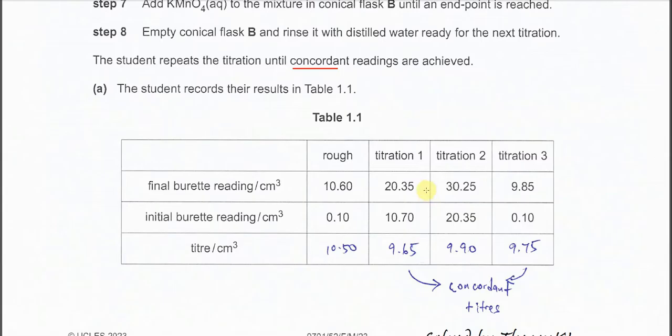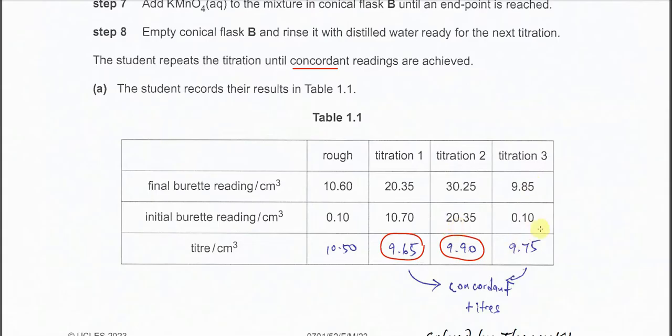For example, titration 1 is 9.65 cm³ and titration 2 is 9.90 cm³. The difference between them is more than 0.1, so we cannot consider these as concordant titers.